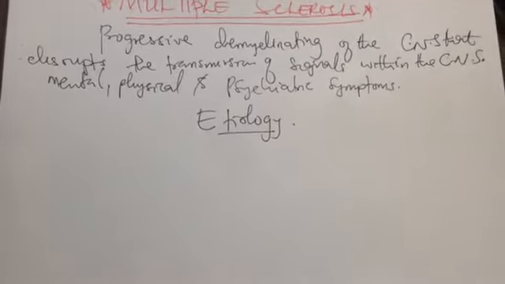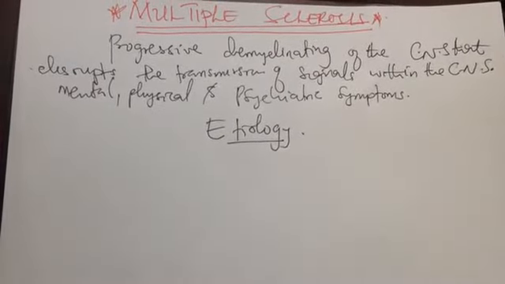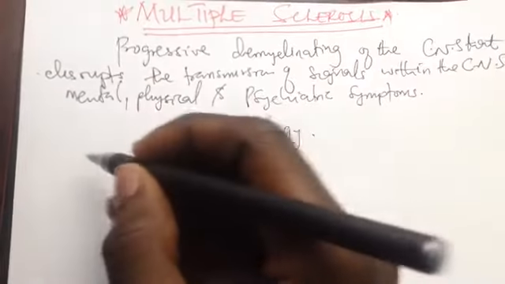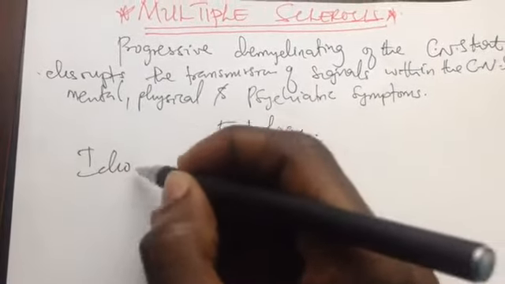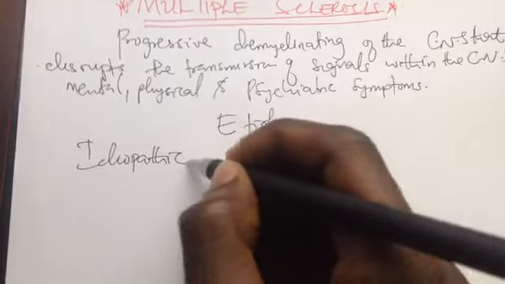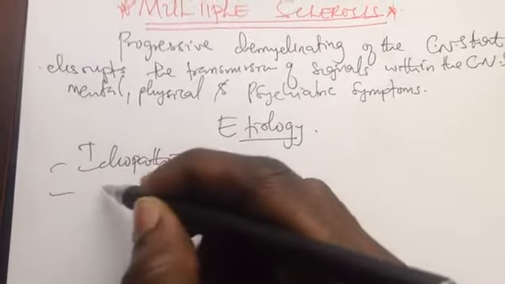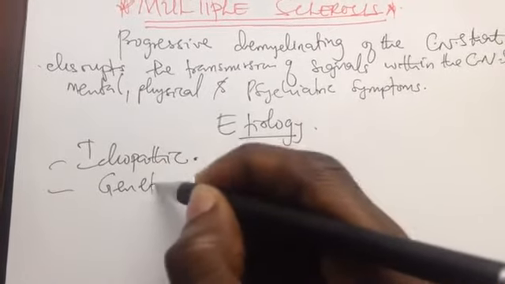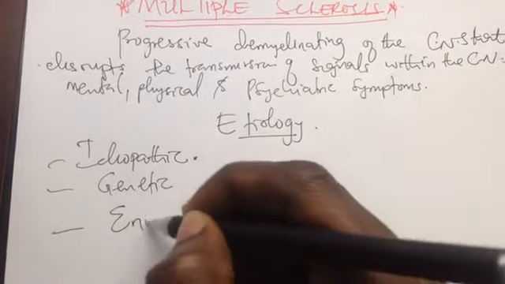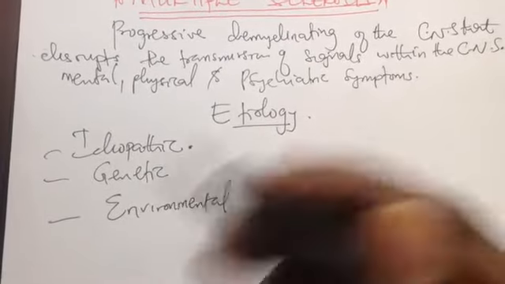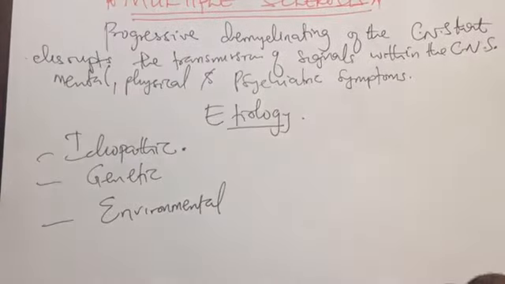The etiology of this, as we already know in the case of many neurological diseases, is idiopathic. We don't know the cause, but we know the risk factors. The risk factors may be genetic or environmental. That is, a genetic predisposition and an environmental predisposition.